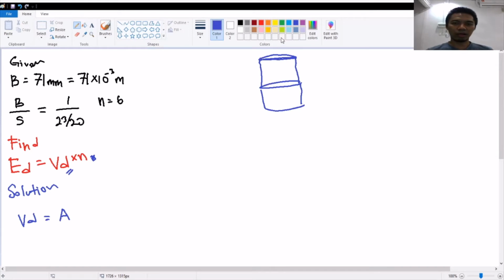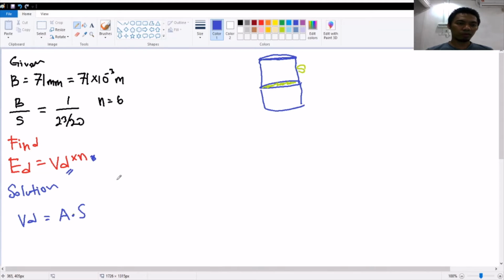This is the area that I'm talking about. You need to find this area, this is A, times the stroke, or L, times stroke S.